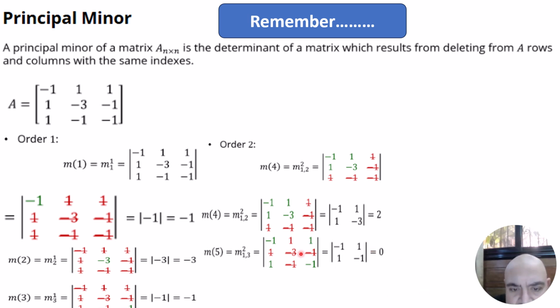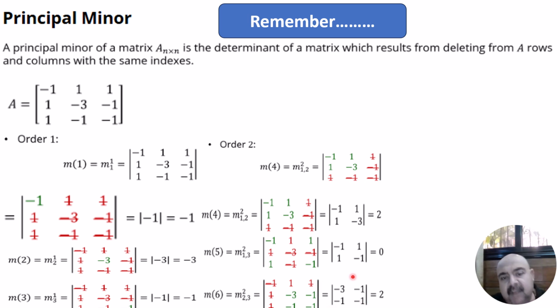But eliminating the two middle row and column, I will have -1, -1, 1, and 1, and the result will be 0. For the third one, I will eliminate the first row and first column, and this is the determinant that I will have as it appears in front of you.